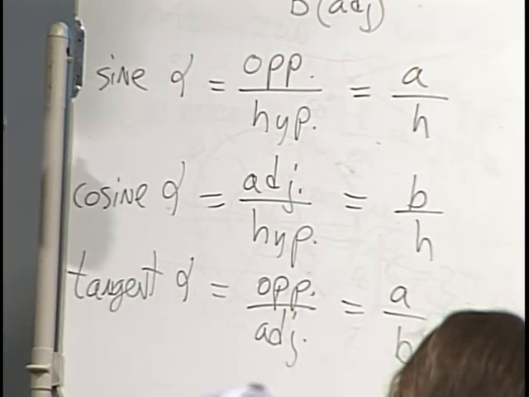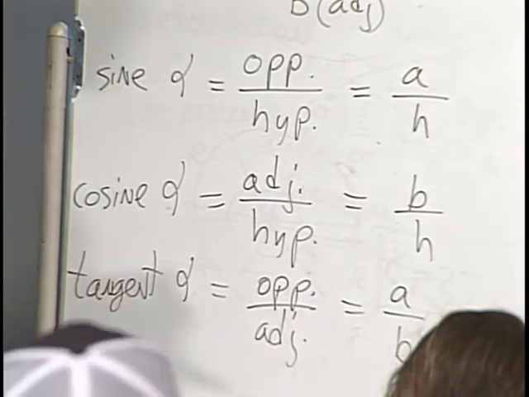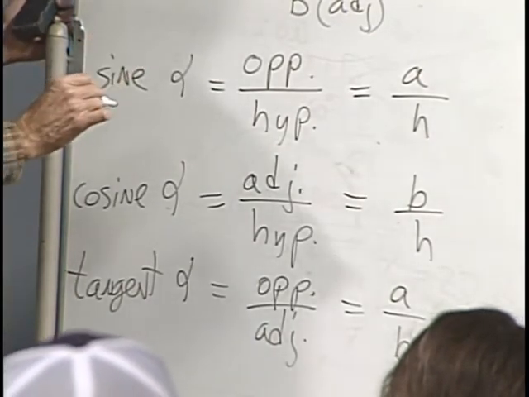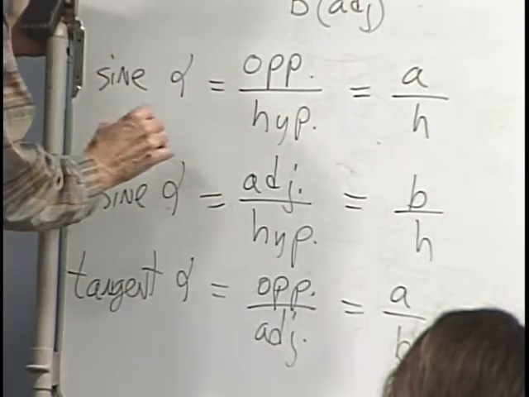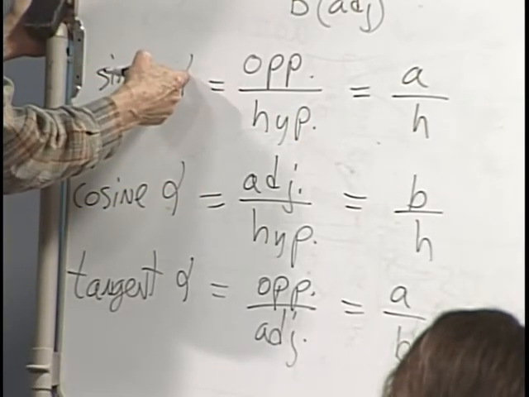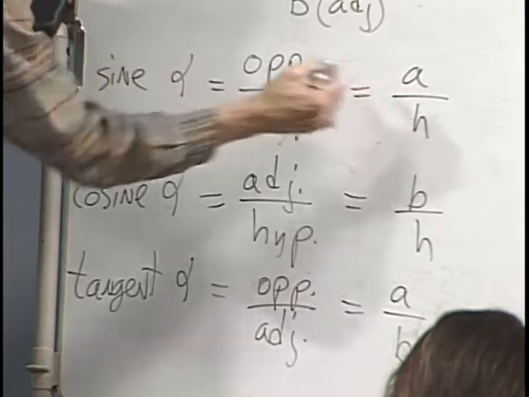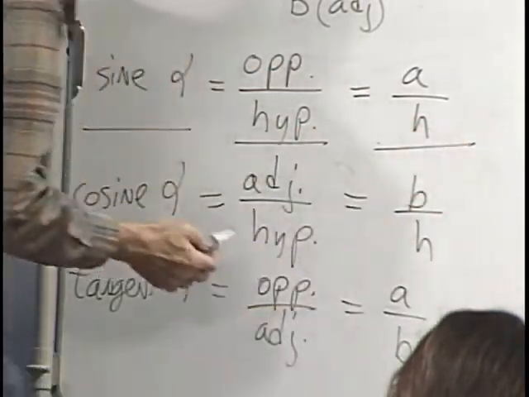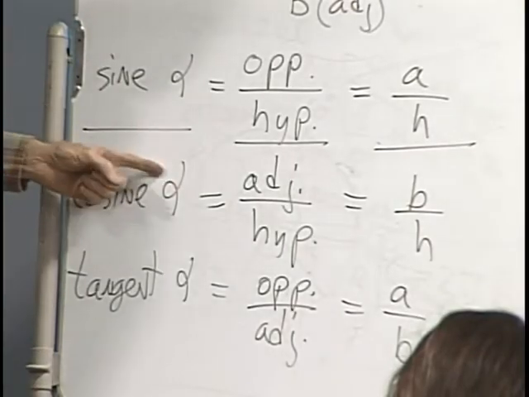We have to memorize those definitions. Also, another thing for you to remember is look at what happens if I took this sine of alpha, which is a ratio, and I divided it by the cosine of angle alpha.